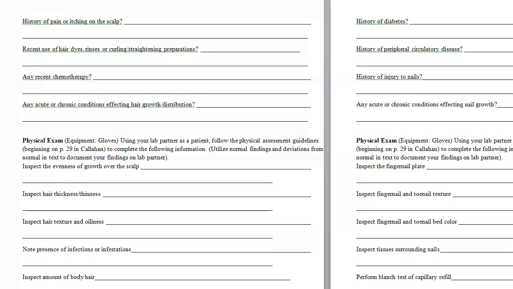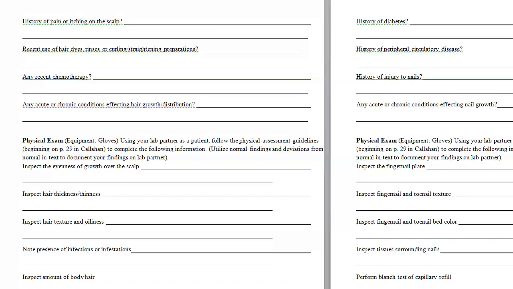Learn a little bit about how they take care of their hair in regards to the use of hair dyes, rinses, or curling or straightening preparations. Obviously, chemotherapy is one drug that will definitely affect someone's hair. Are there any acute or chronic conditions that affect hair growth or distribution? And not only looking at the hair on the head, but what about the hair throughout the body as well?